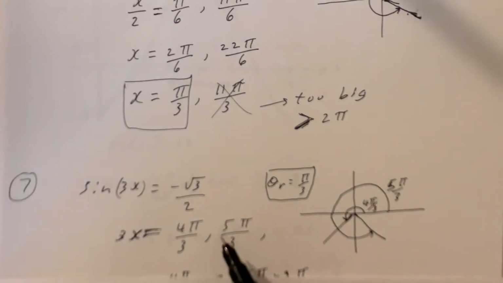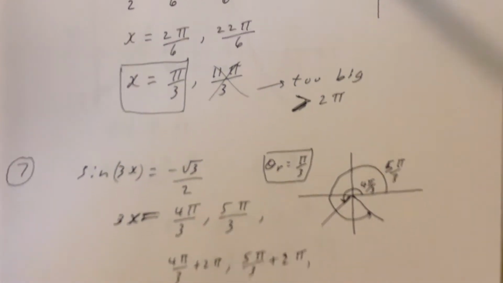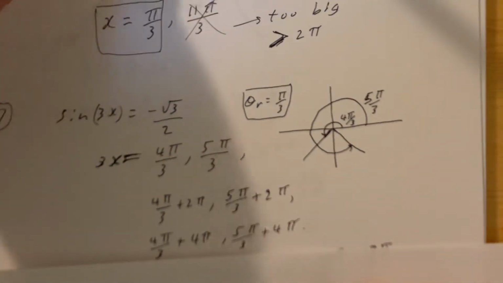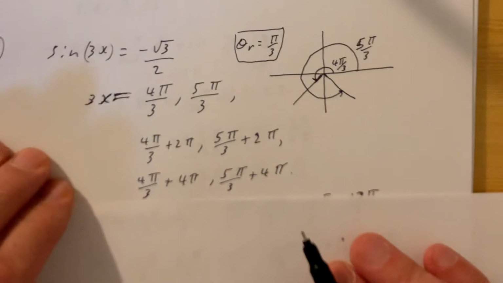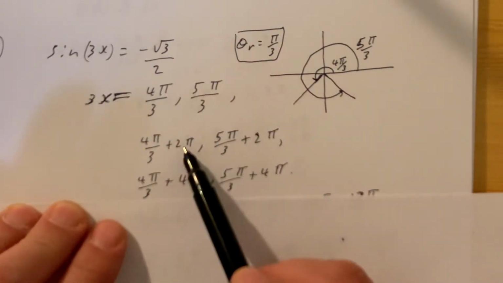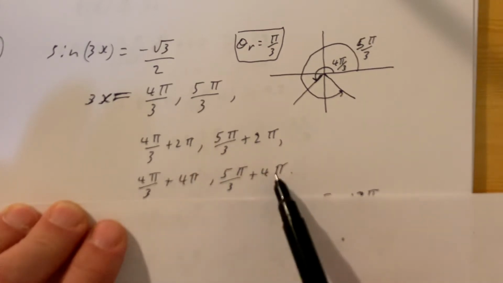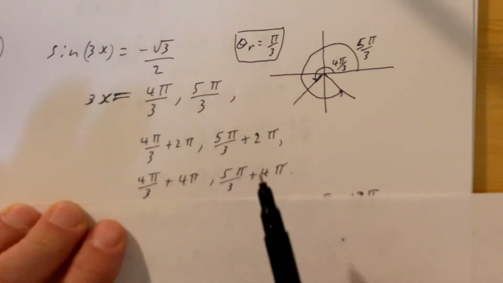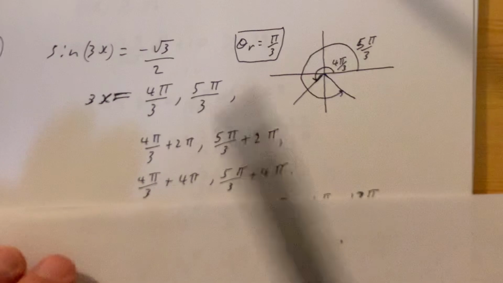Well, we're going to have to add 2 pi to each one of those for the second cycle, and then another 2 pi for the third cycle that's between 0 and 2 pi. So we've actually got all of these solutions. The first 2, then add 2 pi to both of those, then add another 2 pi, and now we have our 6 answers that you could get in 3 full rotations.